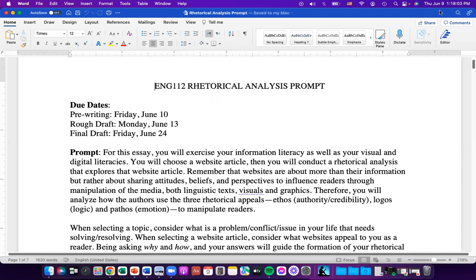you need to. So this essay is all about exercising your information literacy skills as well as your visual and digital literacies.